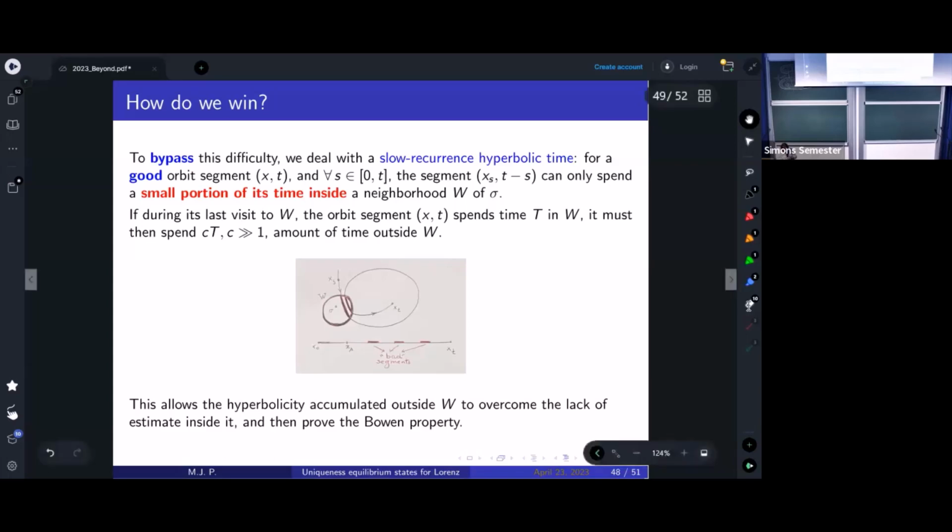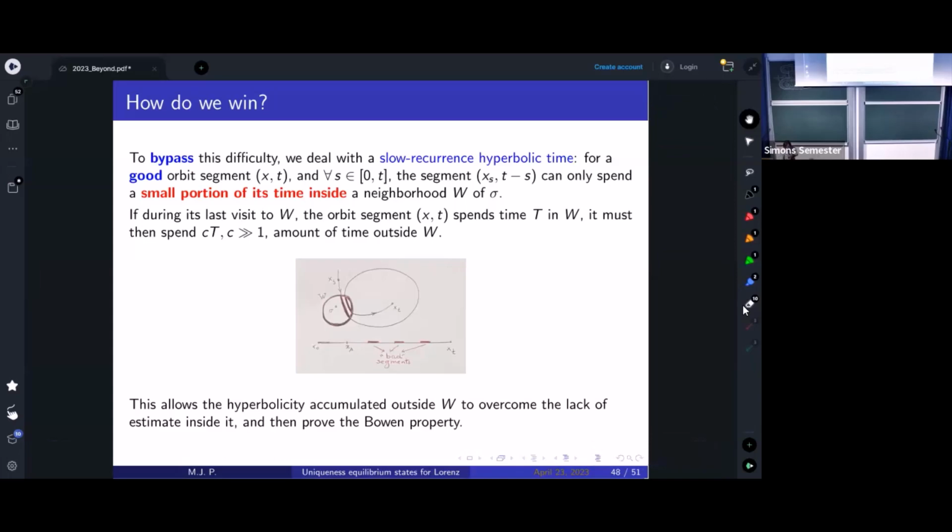You can say that this segment is a slow recurrence hyperbolic time for a good segment, if the segment only spends a small portion of its time inside a neighborhood of the singularity. If during its last visit to this neighborhood the orbit segment spends a time t, it must spend a much bigger amount of time outside.